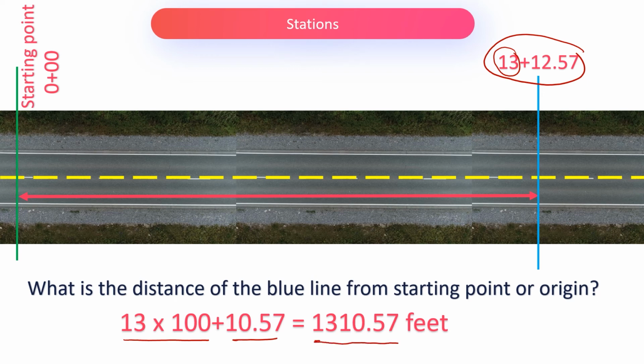So here's a little bit of a typo. Let me correct that. This should be 10.57. Okay, so this is how we calculate the distance of the station point from the origin.